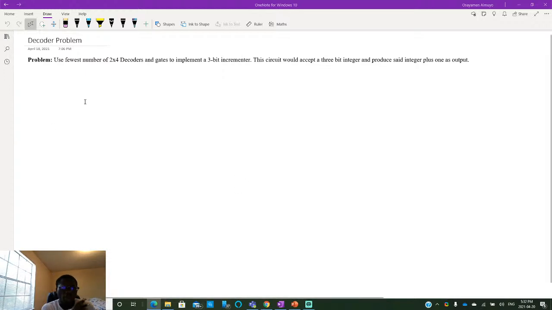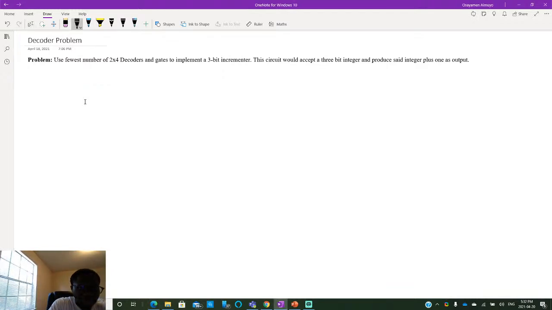This circuit should accept a 3-bit integer and produce that integer plus 1 as output. So basically, we just want to design this function using only decoders and, if possible, the fewest amount of gates as well. So a 3-bit incrementer, right?